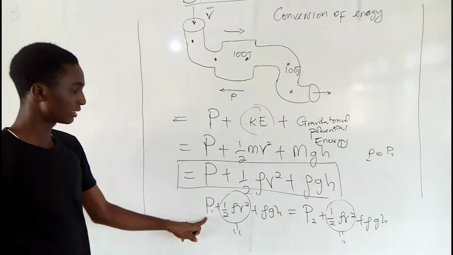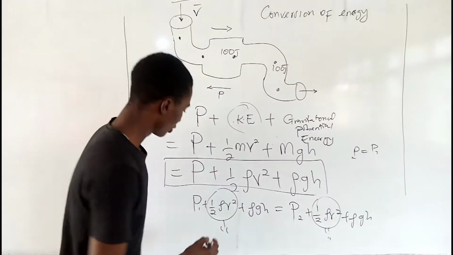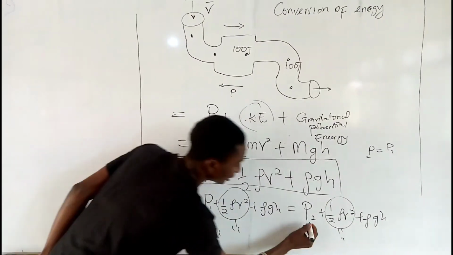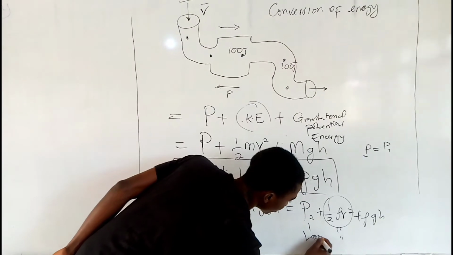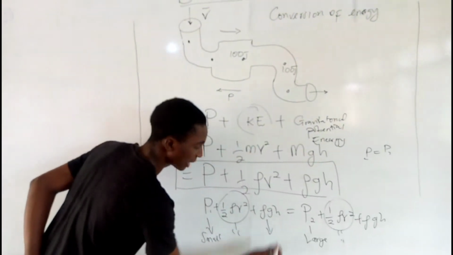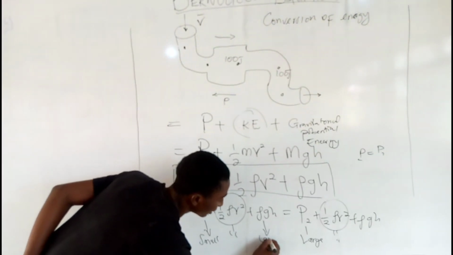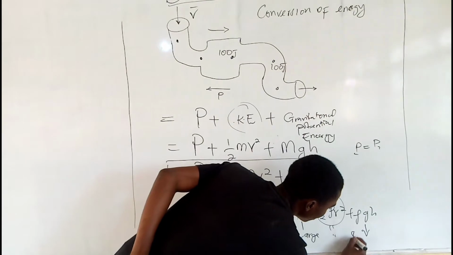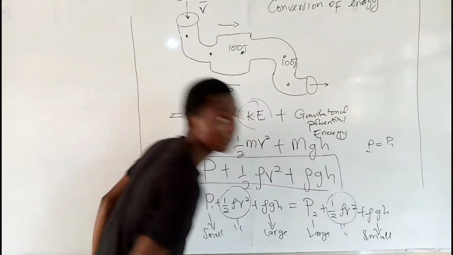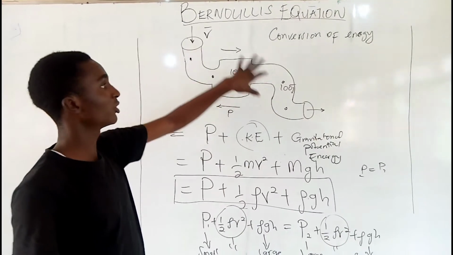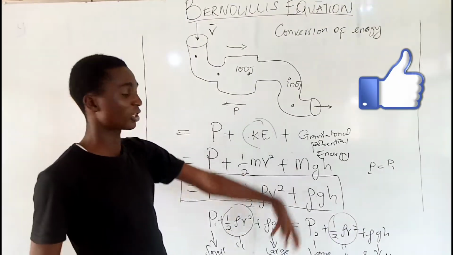But when it comes to the pressure, when this pressure is small, then this pressure will be large, and vice versa. And also, when the gravitational potential energy is large at this point, this will be small. So this is what I want us to get based on Bernoulli's equation.